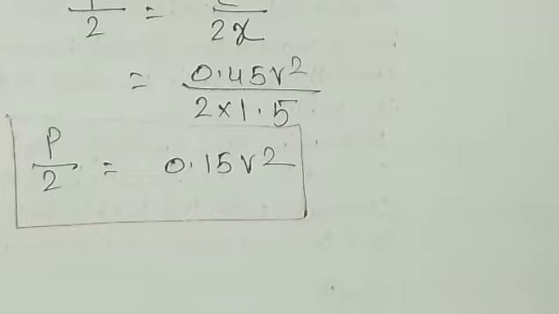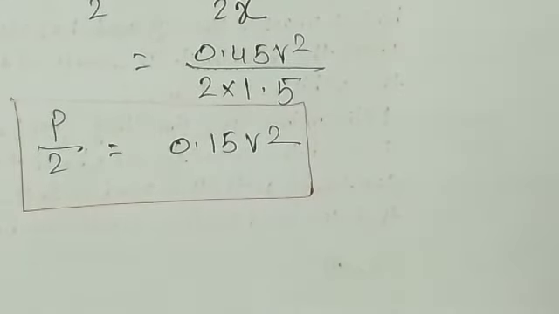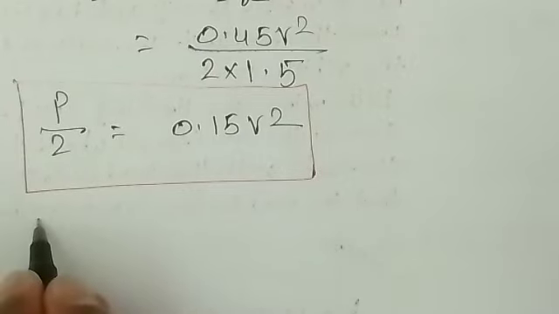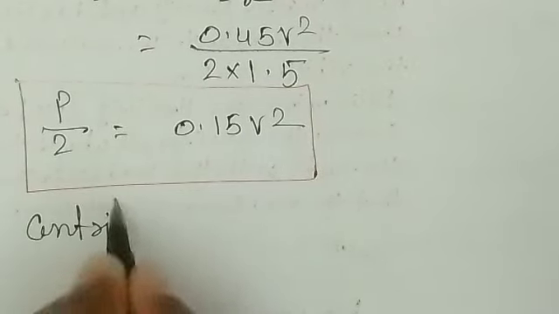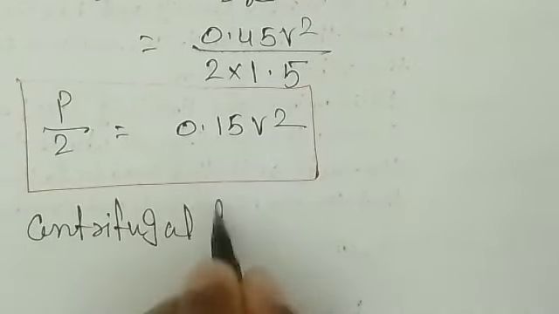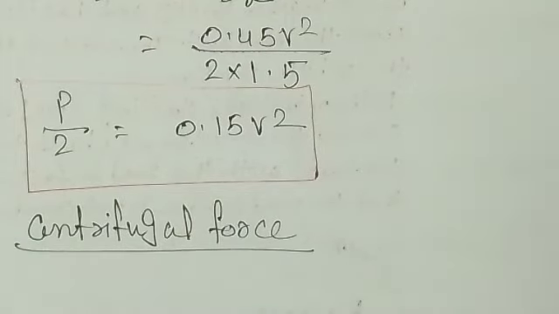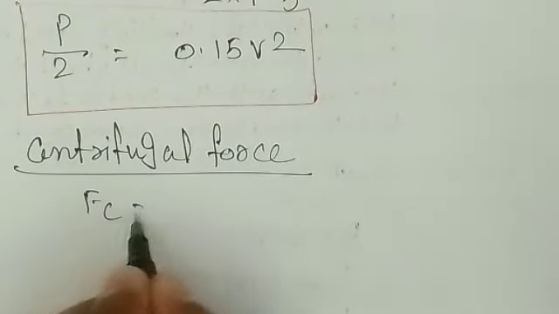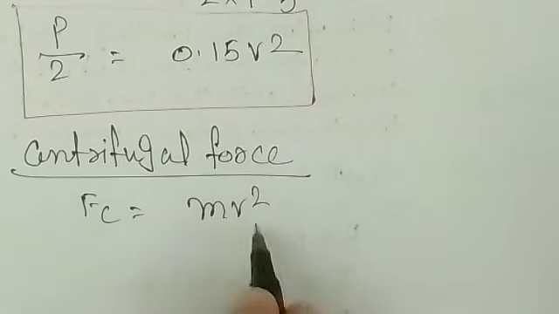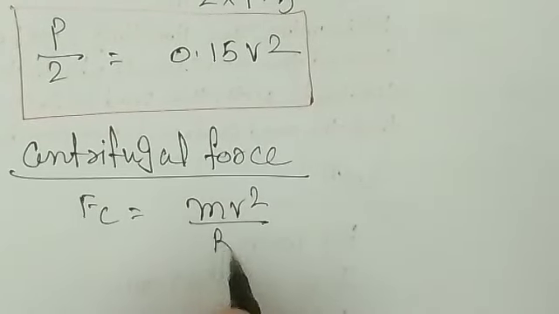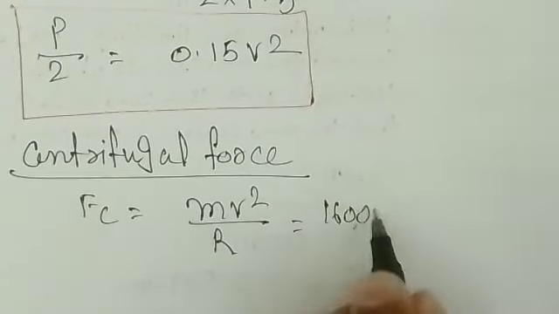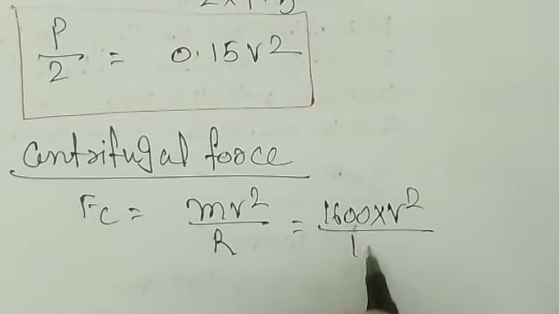Now the vehicle is taking a turn, so centrifugal force will act. So first of all we will find out the centrifugal force, right? So centrifugal force is what? Fc is equal to m v square by r, right? So mass of the vehicle is 1600, v we have to consider, and r is 100.